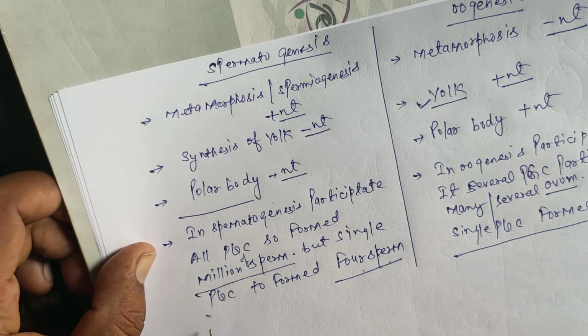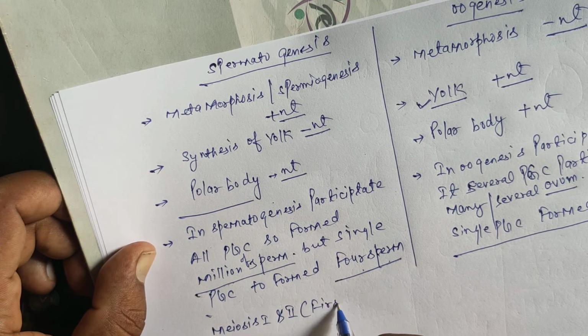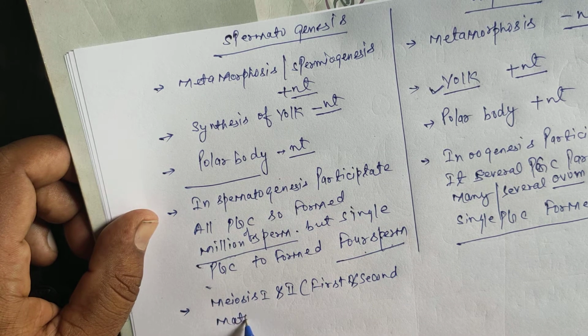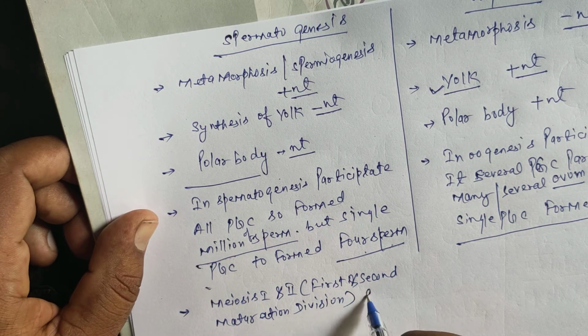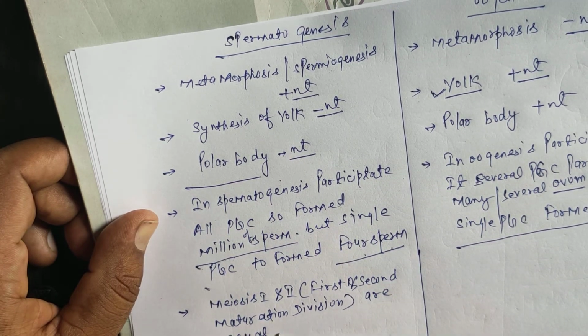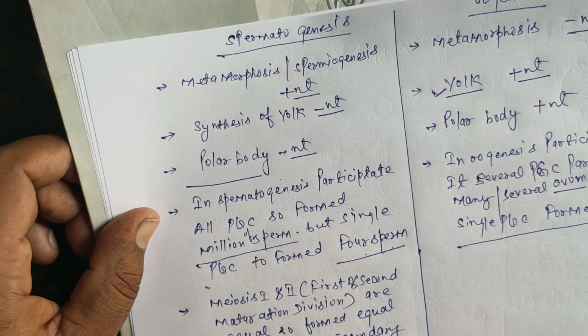Next, in spermatogenesis meiosis first and second, meaning first and second maturation division, are equal, so the cells formed, the secondary spermatocytes, are equal in shape and size.